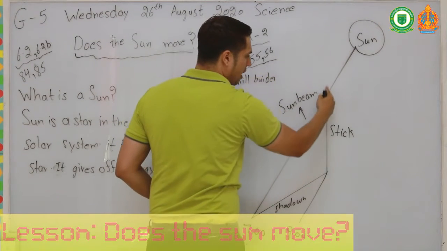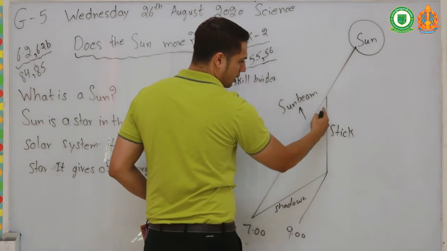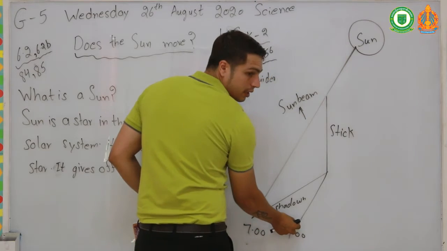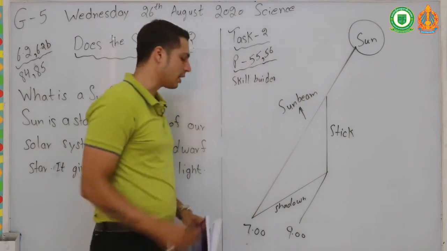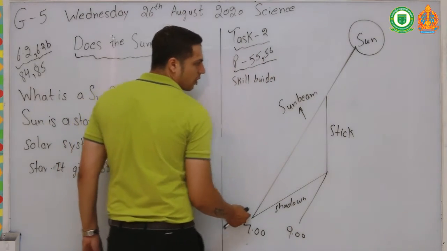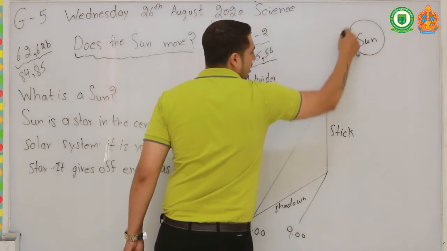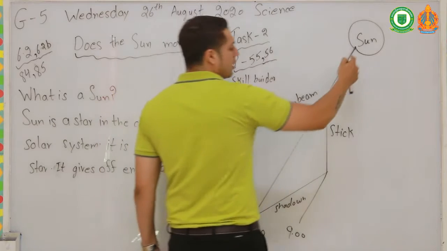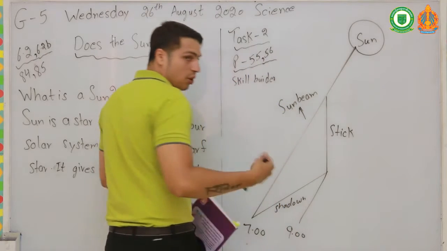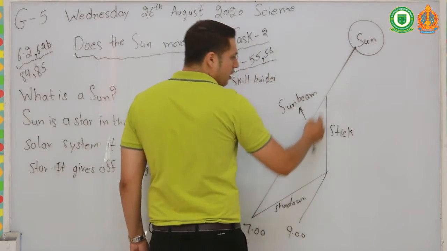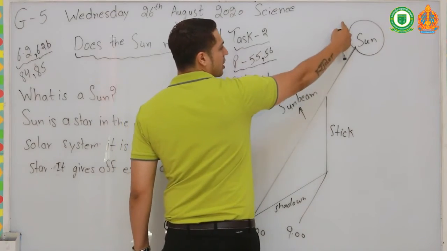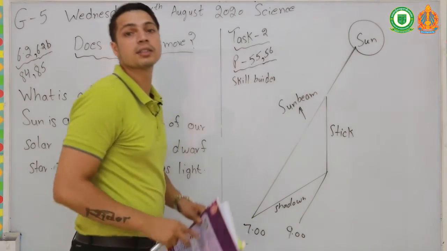It should be a straight line, across this one, and then it should end here. Like this one, see, it starts from here, across this one and then ends here. So that's where the sun's position is. So when you draw a sunbeam, start from here, across this one and then go straight. That's where the sun is.